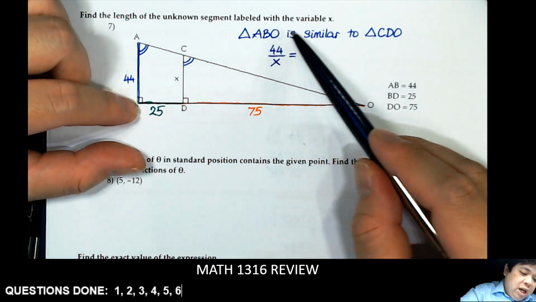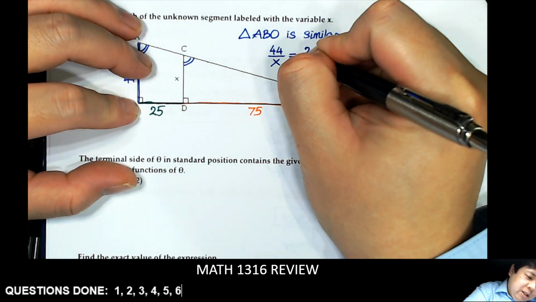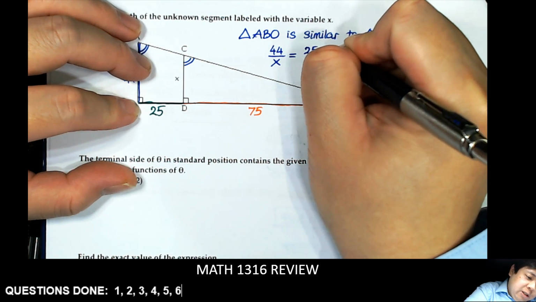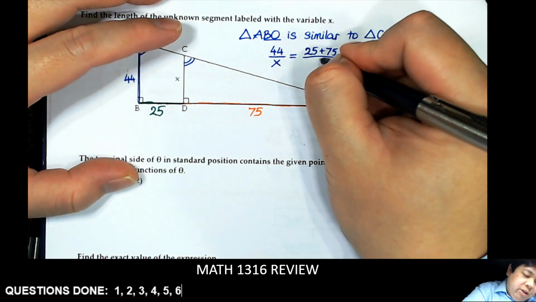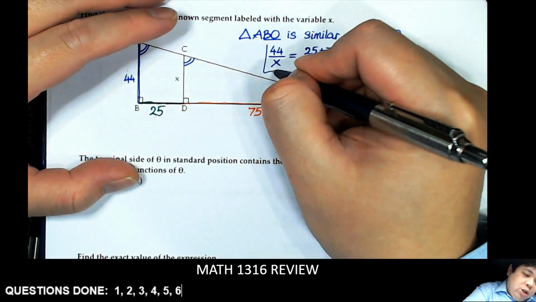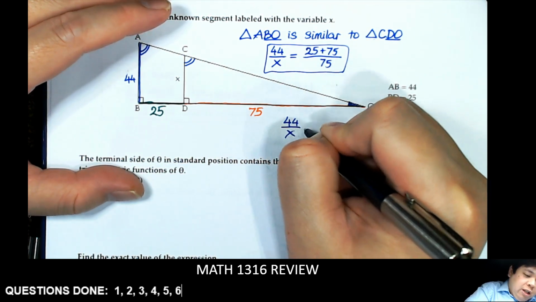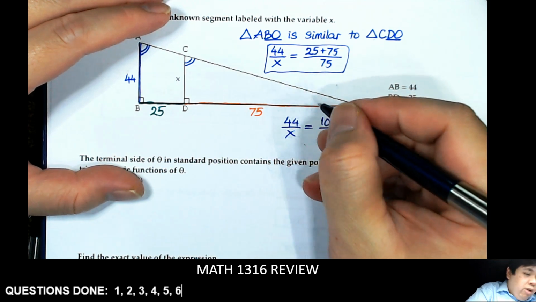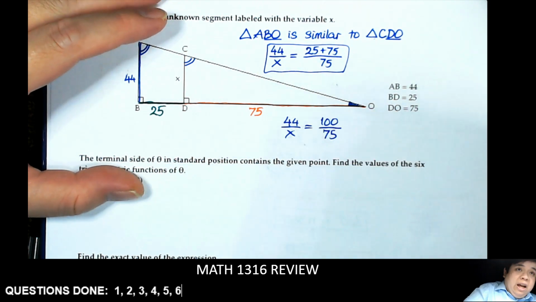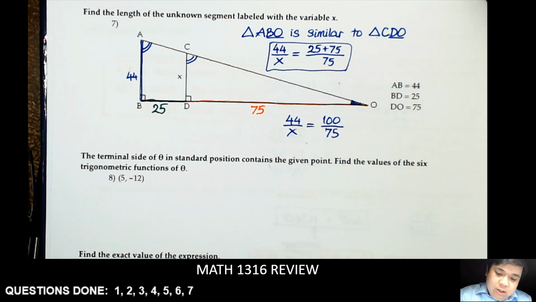So we're going to use BO, which is 25 plus 75, that is BO over DO, which is 75. So we have this ratio to work with. 44 over x equal to 100 over 75. And then we just solve for x. I'm not going to do that. That should be simple.